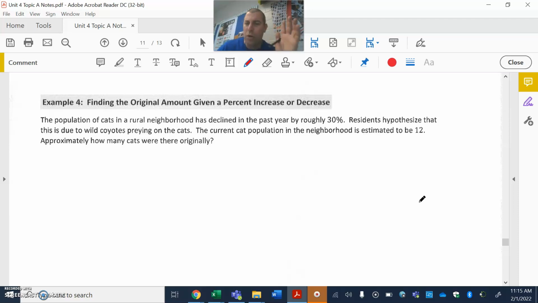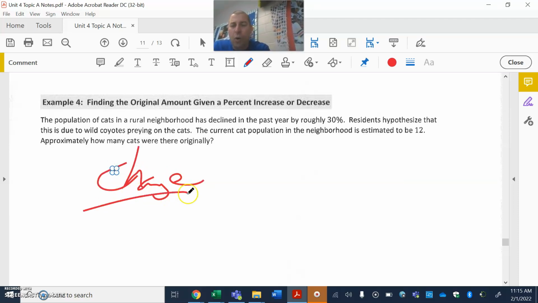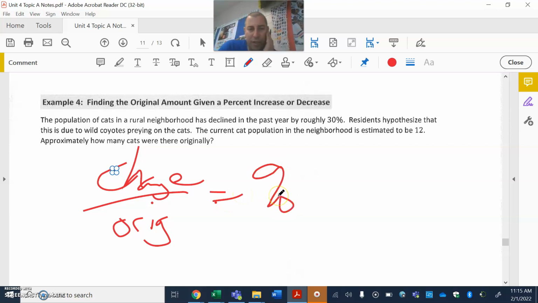Okay. So remember, we've got the change over the original is going to then result in that percentage that we're going to be doing here. So I've got 30%. It's declined by 30%. That gives me the percentage that we're looking at.